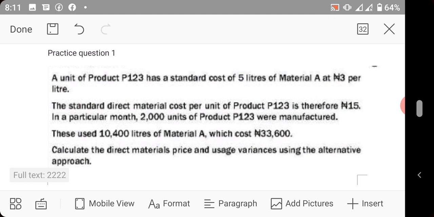So to produce one finished good, it will be 3 times 5, which gives us this 15 naira here. In a particular month, we actually produced 2,000 units. This used 10,400 liters, which cost this value. So you can see the actuals for a particular month.